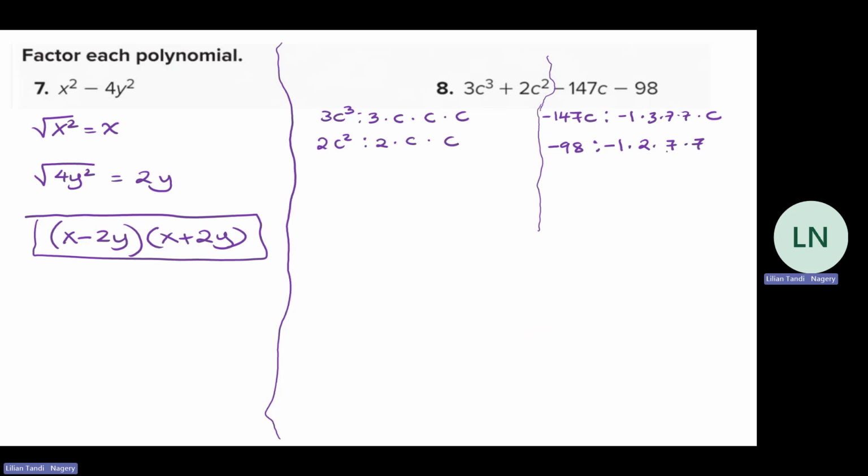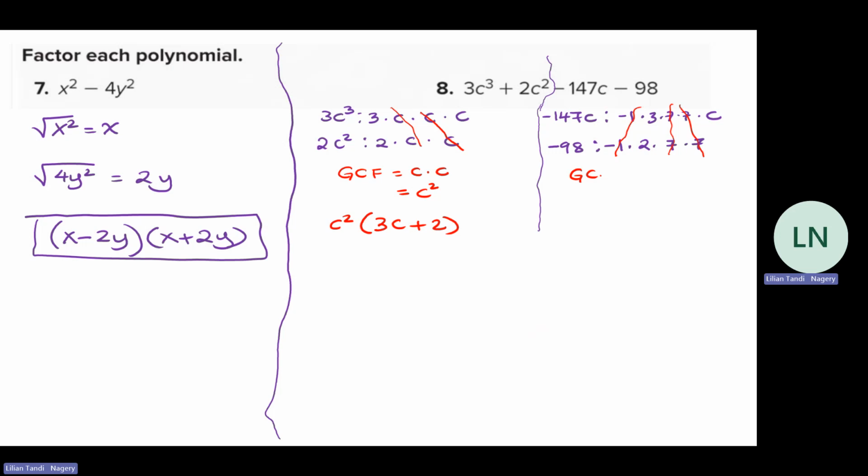Okay. Then now we do GCF. Here it will be cc. So GCF will be c times c, which is c squared. C squared outside, we have 3c plus 2. Okay. Then we do this one, will be negative 147.